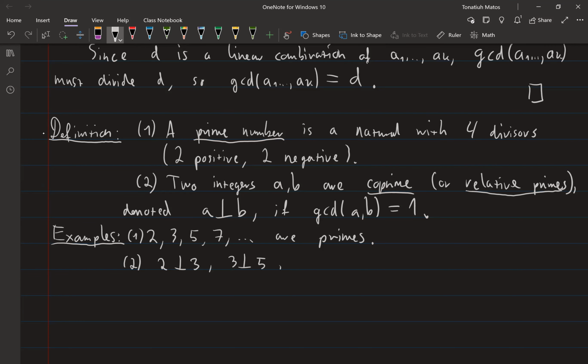Prime numbers are always coprime, but maybe an interesting example would be 9 and 25. Sorry, 9 and 25 are not primes, but they are relative primes, right? So this doesn't mean that either of the two numbers must be prime. It just means that they don't share anything in particular.